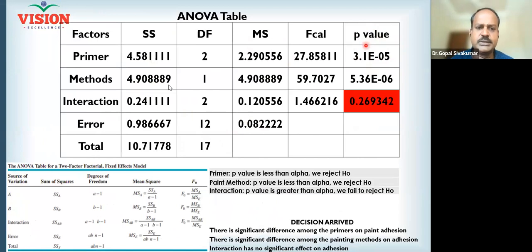If the p-value is less than 0.05, that particular factor is significant. If the p-value is more than 0.05, the factor is insignificant. So the analysis you do is known as ANOVA, but the whole exercise is known as design of experiments.